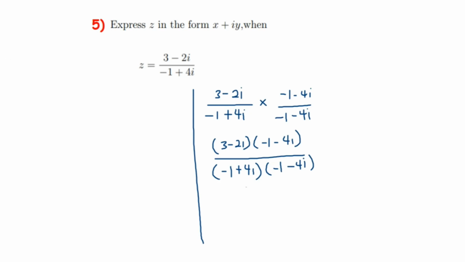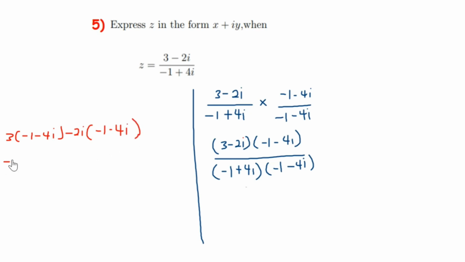Now let's look at the numerator. I'm going to expand this bracket. The 3 will multiply negative 1 minus 4i, and then minus 2i will also multiply minus 1 minus 4i. So let's expand this and see what we get.